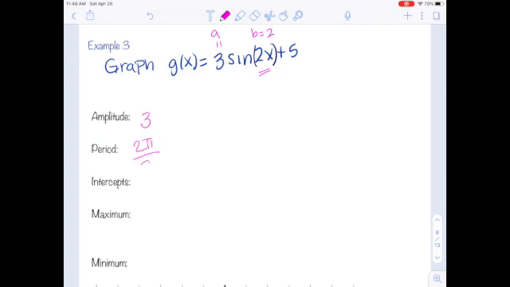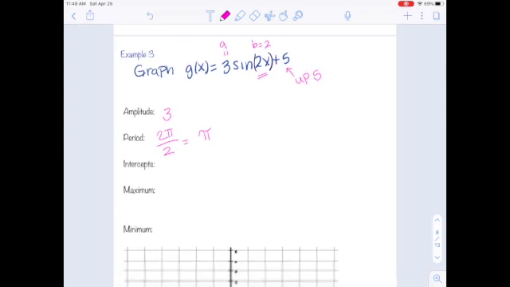Our period went from 2 pi for sine and got divided by the 2, and so your period got shrunk to just pi. And we also have an up 5. That 5 is being added on the outside of the function, so that's your shift up and down.